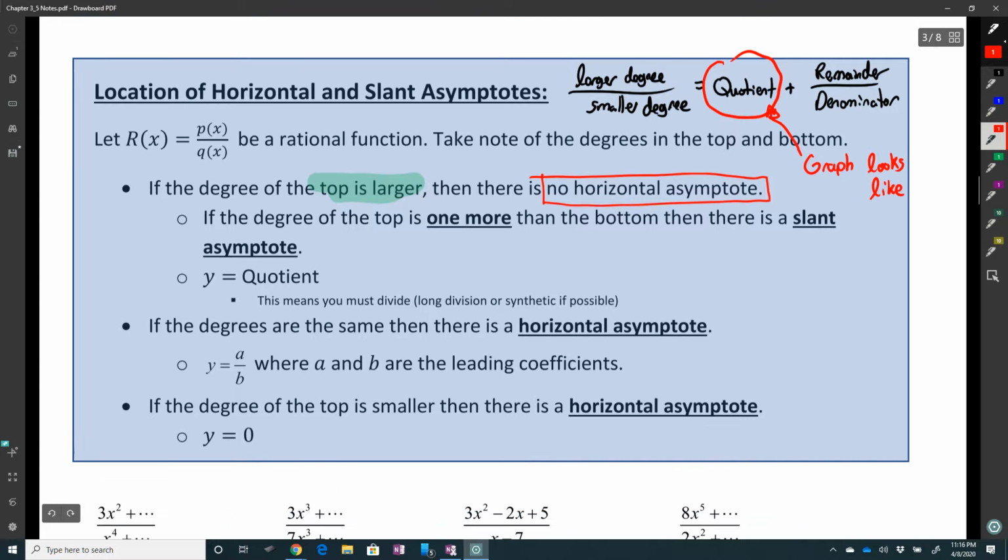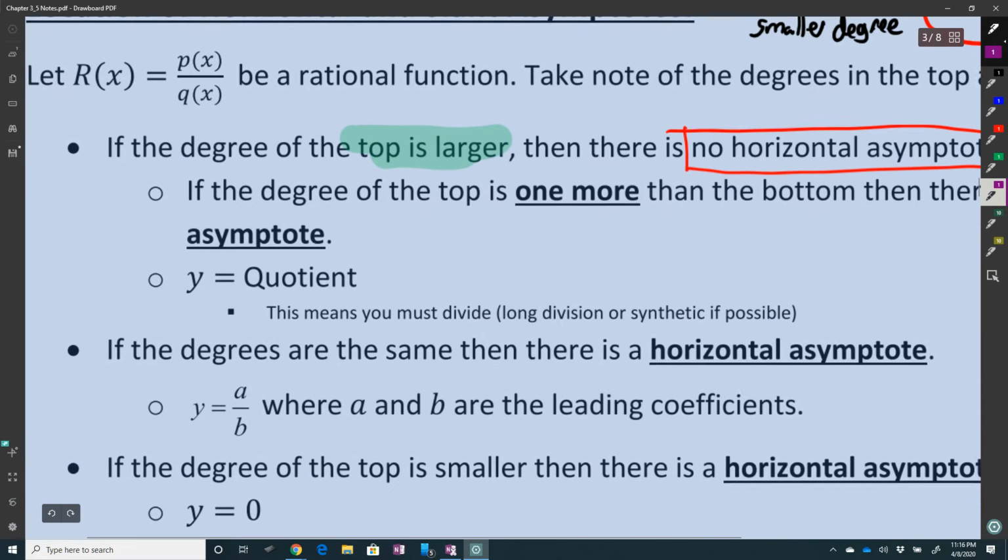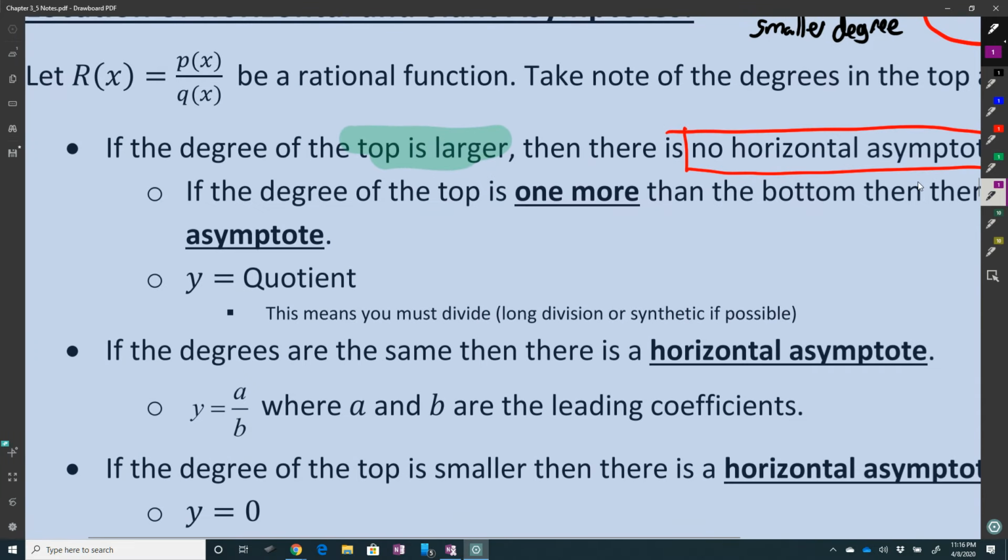But there's a special case where it could be slanted. So if you're dealing with, I'm just going to write it. So we got the denominator.